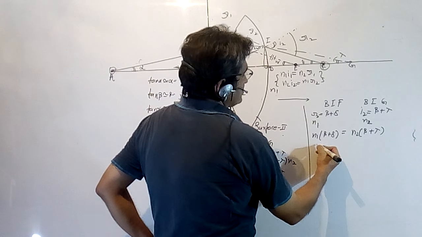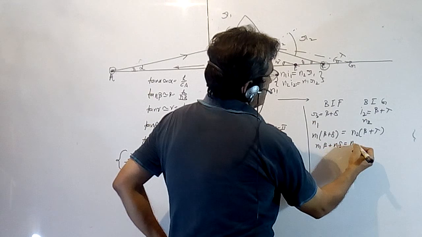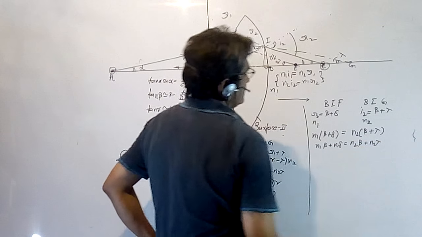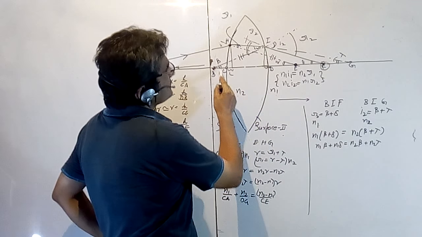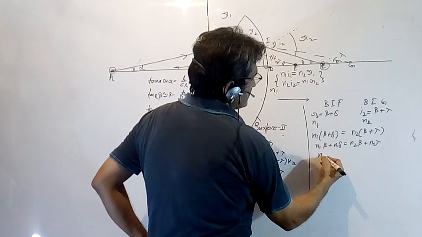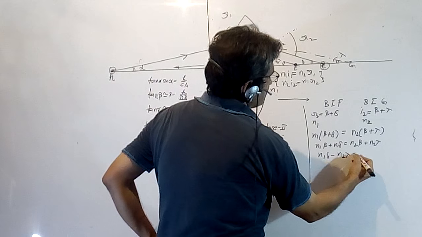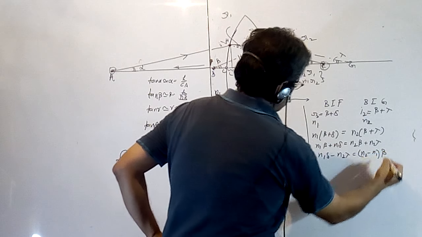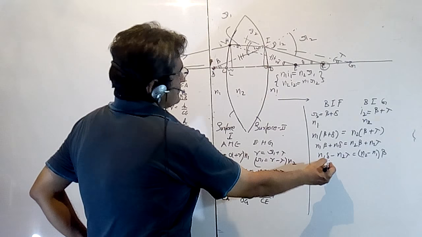Now I rearrange it: N1 beta plus N1 lambda is equal to N2 beta plus N2 delta. Now, which angle pertains to my radius? It is beta. Take beta on one side. So N1 lambda minus N2 delta is (N2 minus N1) into beta. I get it like this.